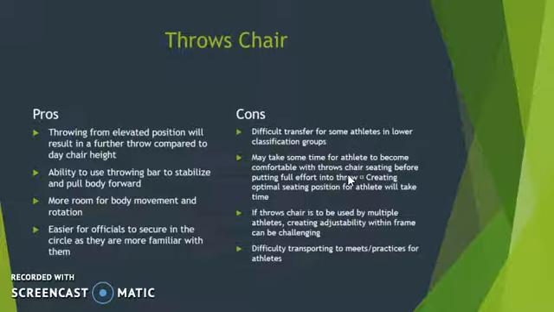Some cons: it's difficult to transfer some athletes if they're overweight or if they need a lot of help from their wheelchair or whatever they use day to day. Sometimes it can be difficult transferring them to the throws chair, especially if it's a lot higher up, 75 centimeters like we talked about earlier. It may take some time for the athlete to become comfortable.